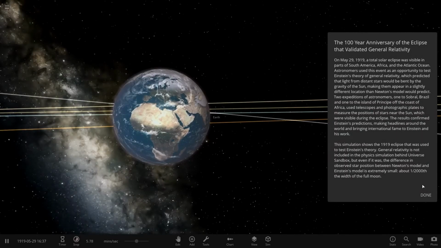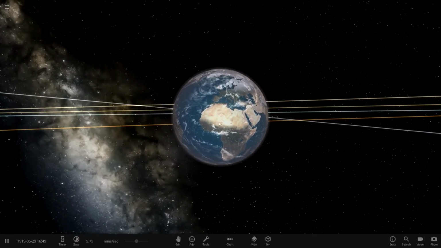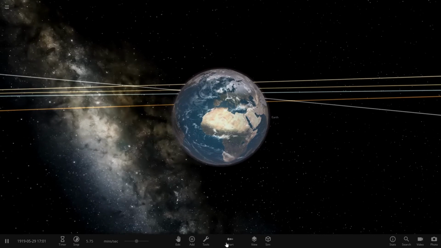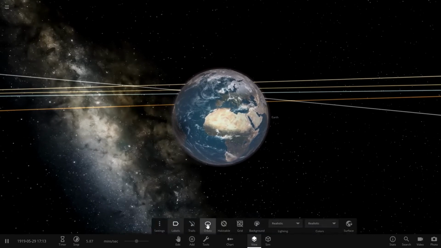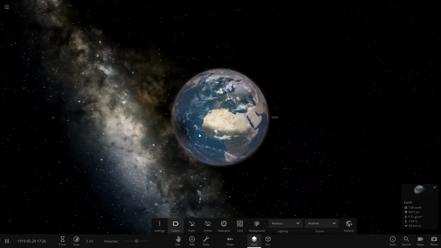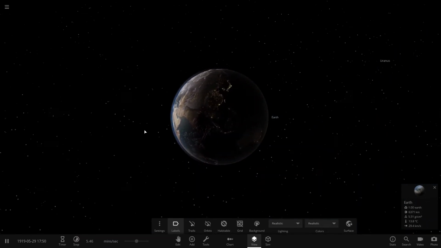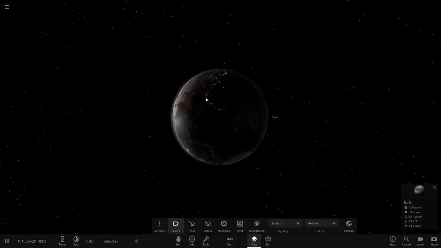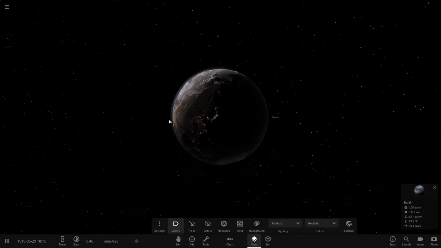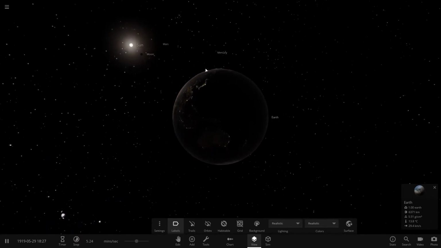Okay, this is going to work. Okay, so quickly let's see where the moon is. Let it not go this time anywhere. So there is the moon.